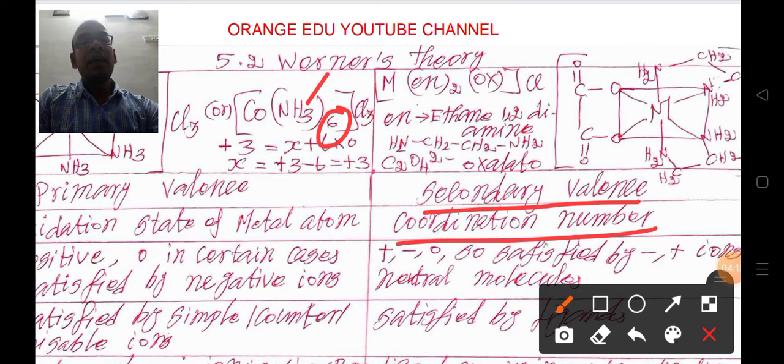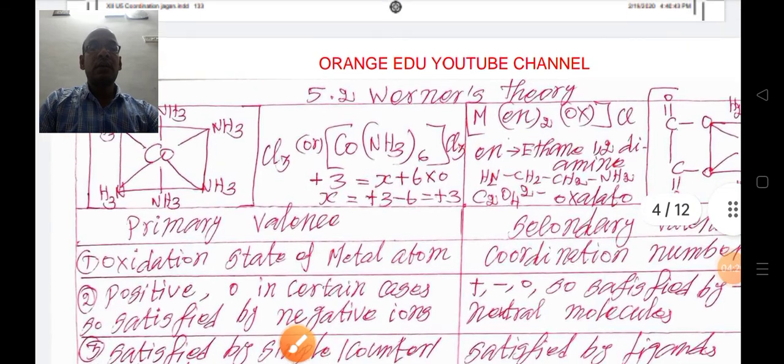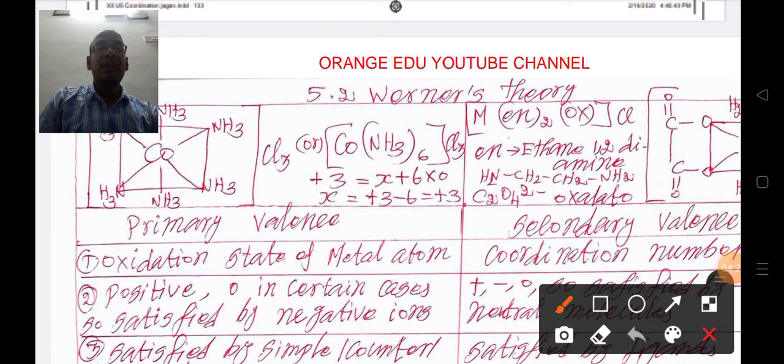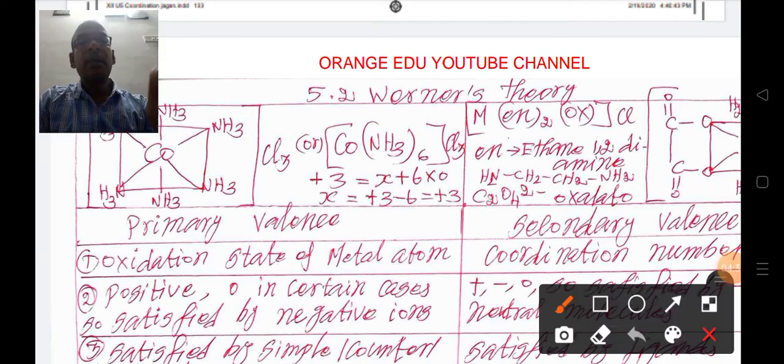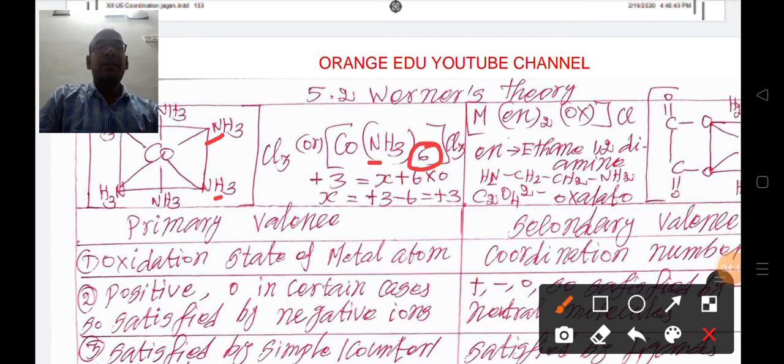Ammonia is a monodentate ligand, that is, one lone pair donor is N, therefore 6N, that is simply 6 ligands. Monodentate means the coordination number is directly this number.